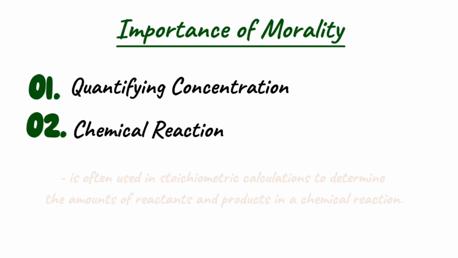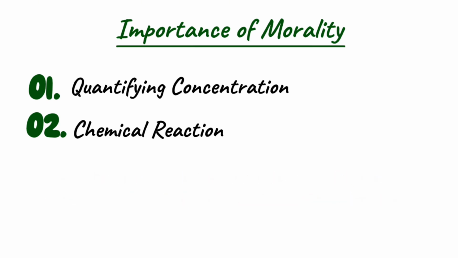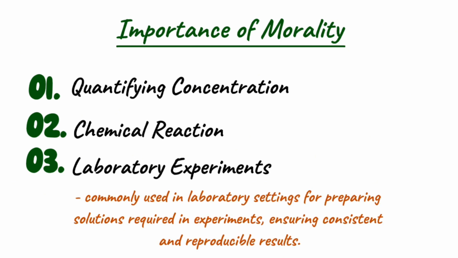Molarity is often used in stoichiometric calculations to determine the amount of reactants and products in a chemical reaction. Number 3. Laboratory experiments. Molarity is commonly used in laboratory settings for preparing solutions required in experiments, ensuring consistent and reproducible results.